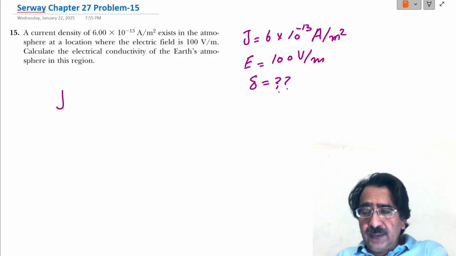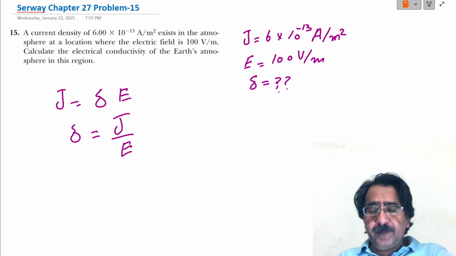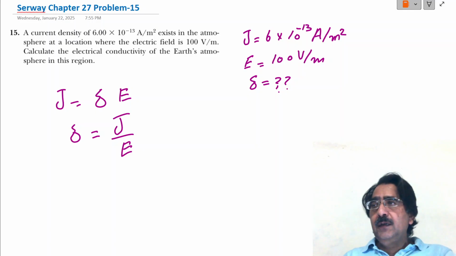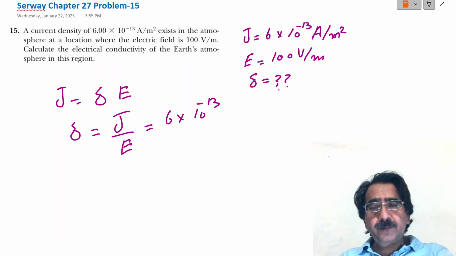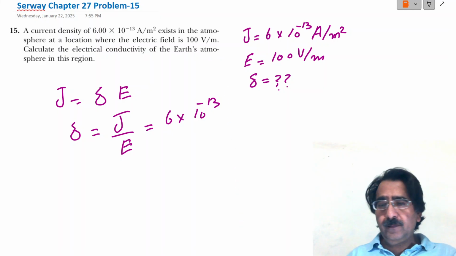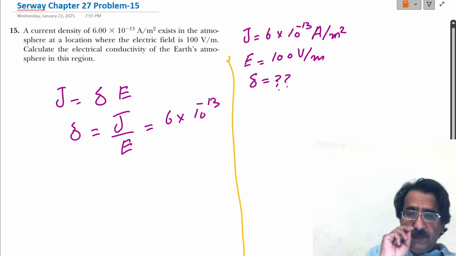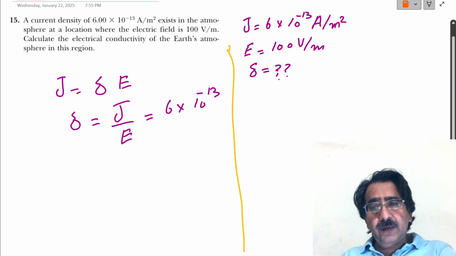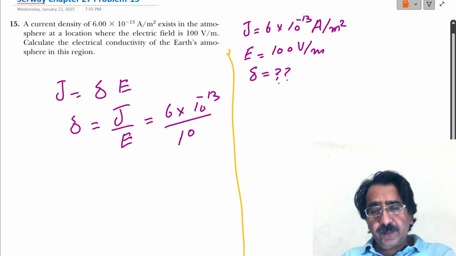As we know, J is equal to sigma E. So this answer is straightforward, that is J divided by E. As we know, J is given as 6 × 10 to power minus 13 and E is 100.